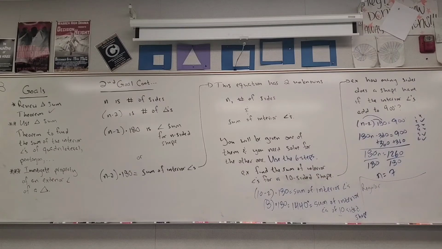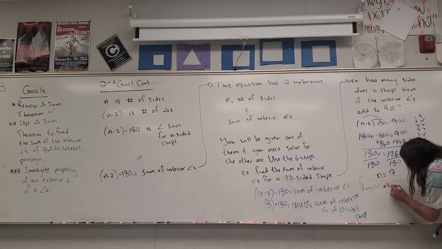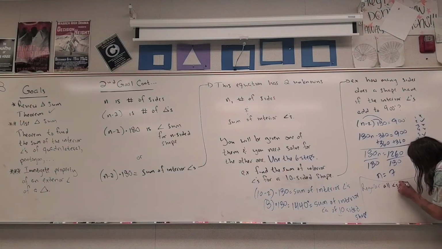Okay? All angles are equal. All angles and sides are equal. All angles are congruent, equal, and all sides are congruent, equal.